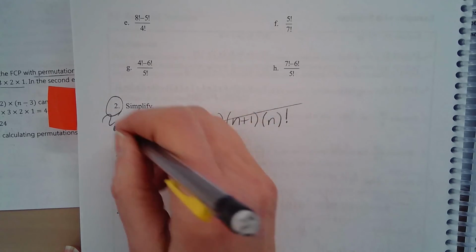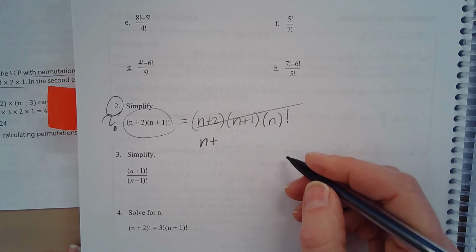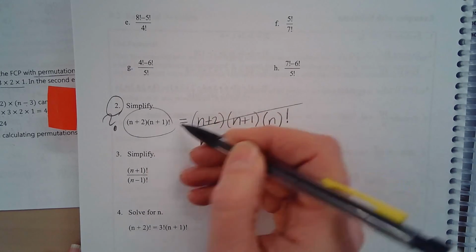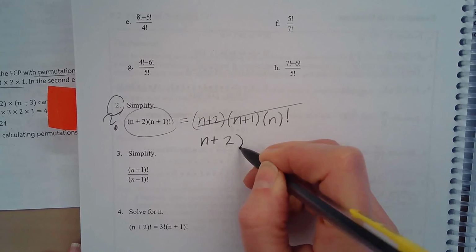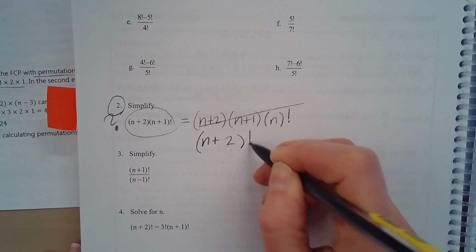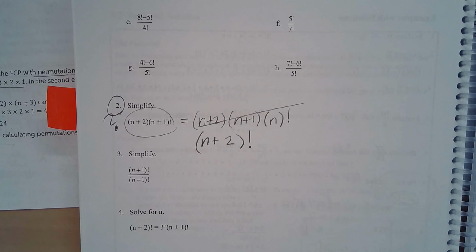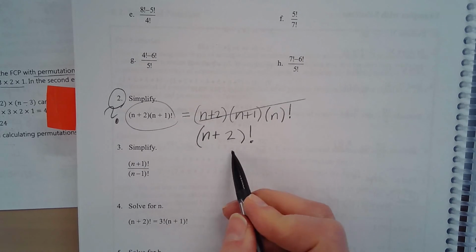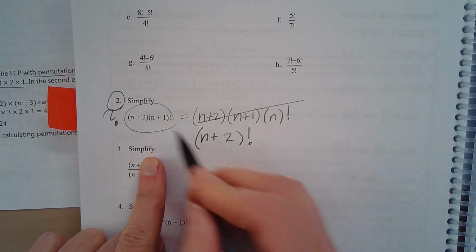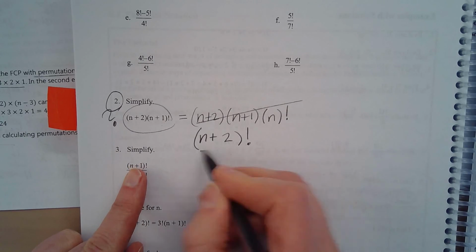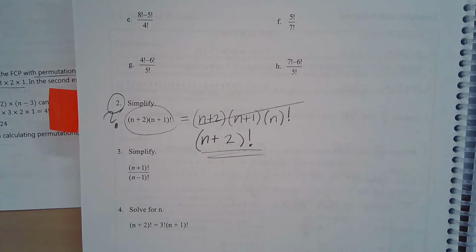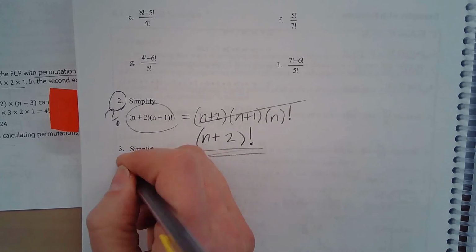Is there any way to make this smaller? Make it a trinomial? What if I went this way? Isn't that what that means? Kind of silly, right? Because if I said to expand it, it would be this, right? So you could just call it n plus 2 factorial, right? Simplify, make it, I don't know, it's kind of a silly question. See what you can do with this one?